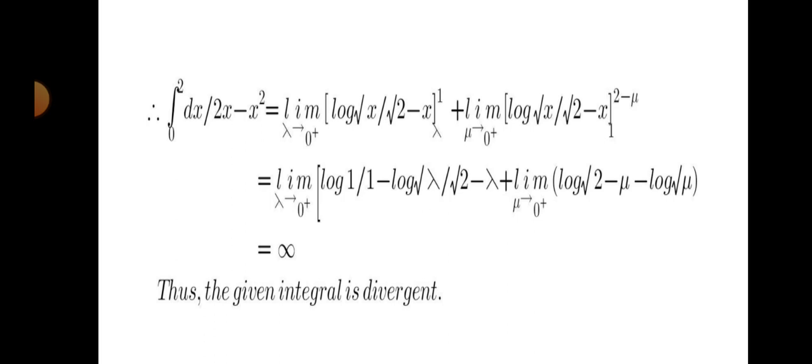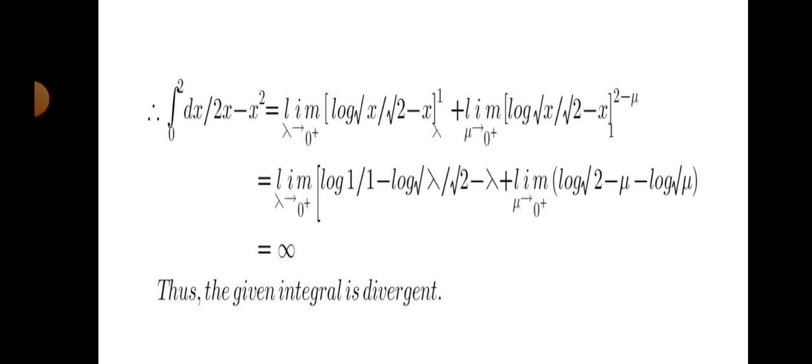Therefore, the integration of 1 by 2x minus x square from 0 to 2 is equal to the limit of log of under root of x by under root of 2 minus x from upper limit 1 to lower limit lambda when lambda tends to 0, plus the limit of log of under root of x by under root of 2 minus x from upper limit 2 minus mu to 1 when mu tends to 0.